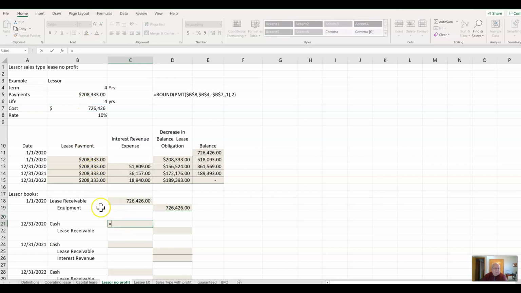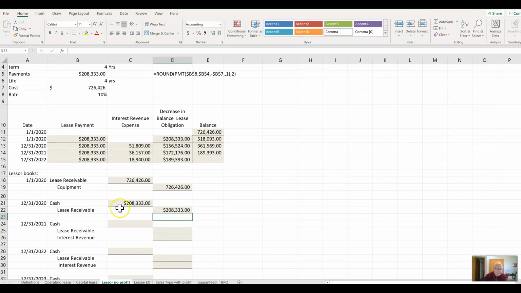Okay, in the first payment, this is the cash here, and this is the reduction in the lease receivable, because the payments are at the beginning of the year. Okay, so now down here, what we would have would be equal against the cash, and then the lease receivables, the 156 and 51,809.